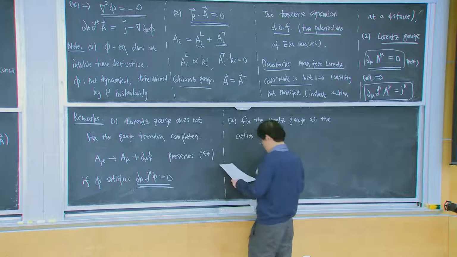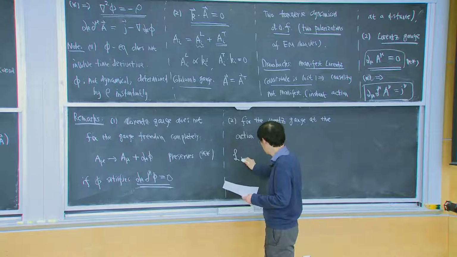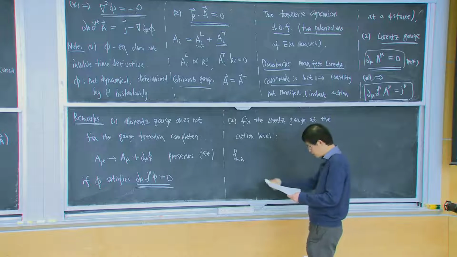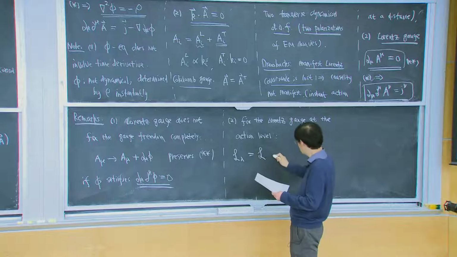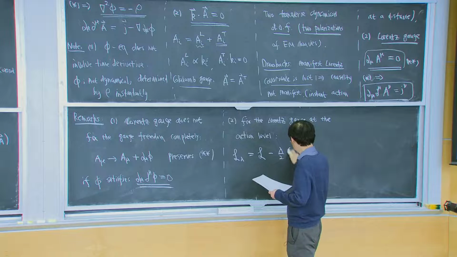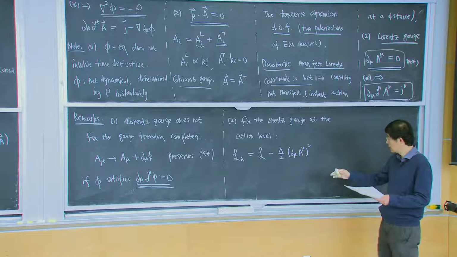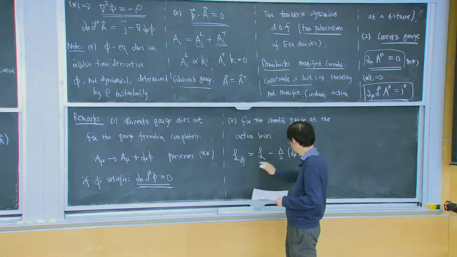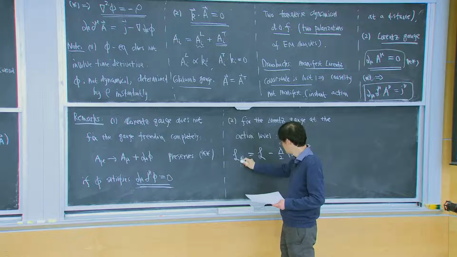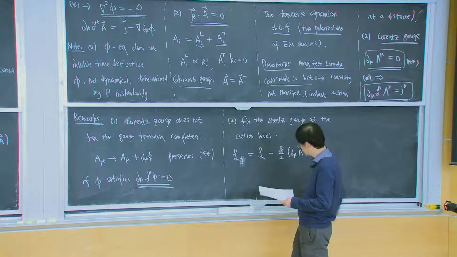As follows, we consider a new action, a new Lagrangian related to the previous one by a shift like this. Let me not use lambda, so that it is not confused, but psi. Here psi is an arbitrary constant.